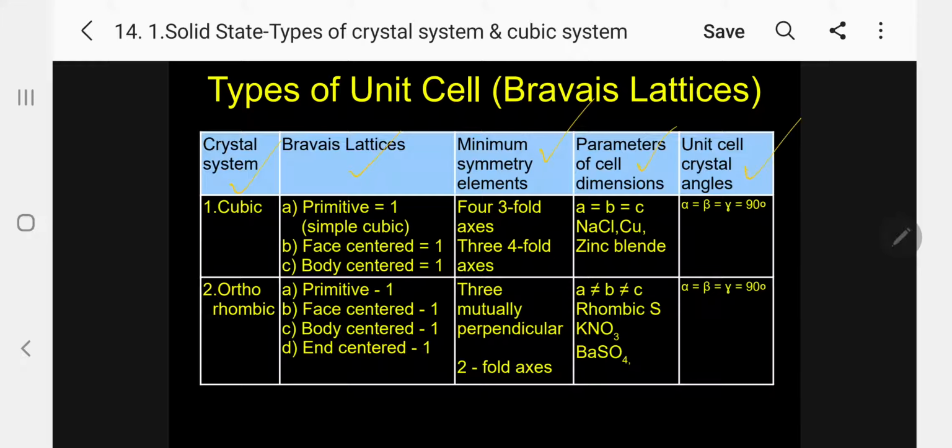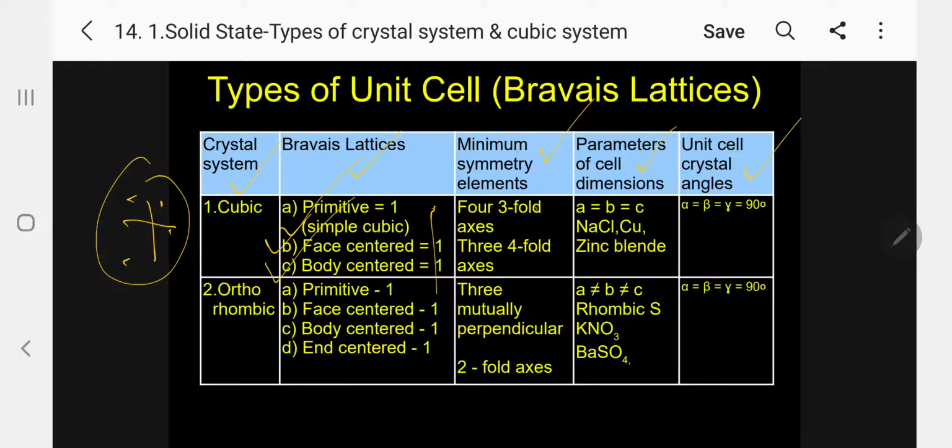Kindly follow. Even though there are 7 crystal systems, we have to concentrate only on the cubic crystal system because it is included in our syllabus. We are not studying all the others in detail. Kindly follow. Under the cubic, there are 3 Bravais lattices: primitive or simple cubic, face-centered cubic, and body-centered cubic.